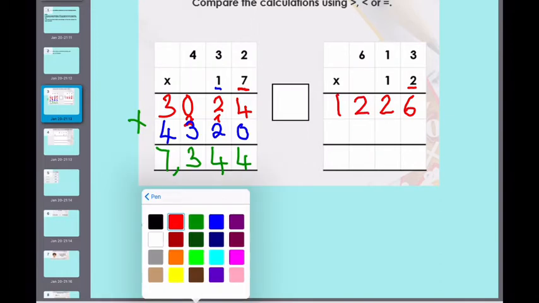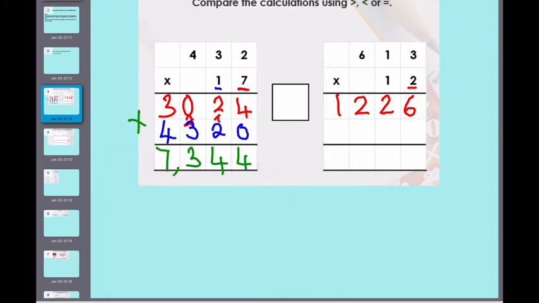Okay, and just as before, we're then going to multiply by our tens, and again we have got a 10 or a 1 in our tens column, which is of course a 10, but so that I can think of that as a 1 instead, I'm going to pop a placeholder in there. So just as before, 1 multiplied by 3 is 3, 1 multiplied by 1 is 1, and 1 multiplied by 6 is 6.